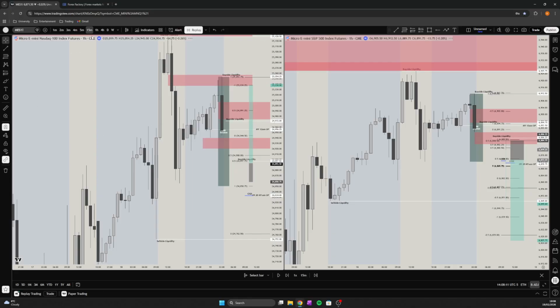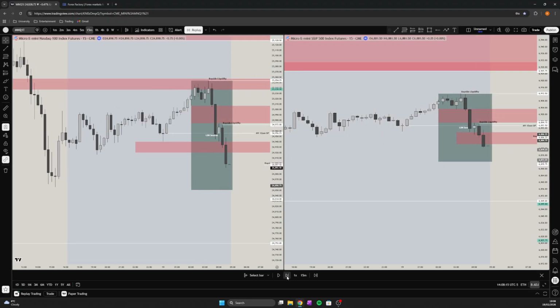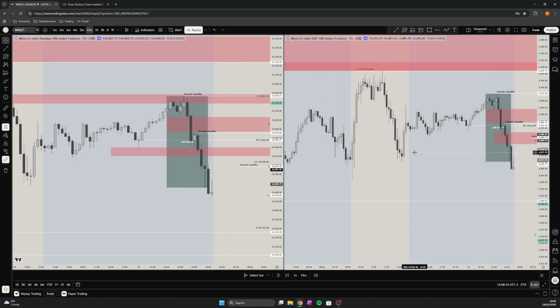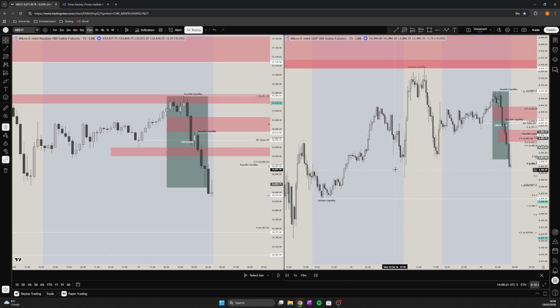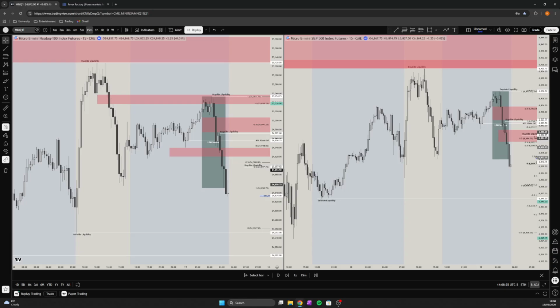Okay, so let's go into the 15-minute and let's see what happens in London. So, here we are. That's what London does. Okay, we have sell-side liquidity here, sell-side liquidity here. On the 15-minute, we can see that from midnight opening price, we move higher before moving lower, right?